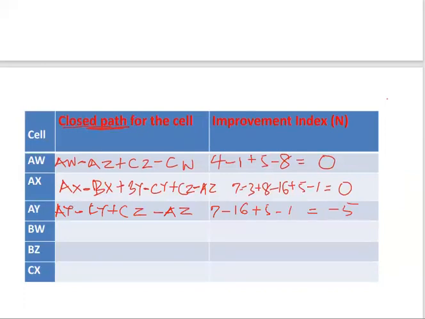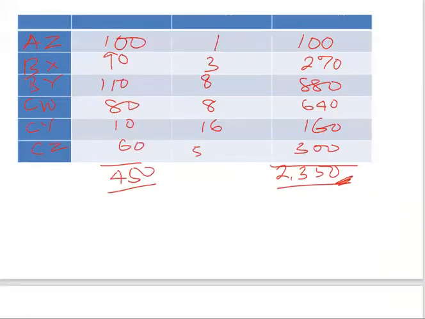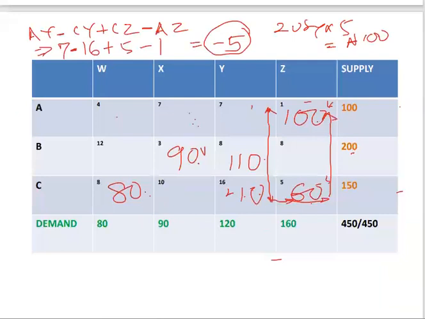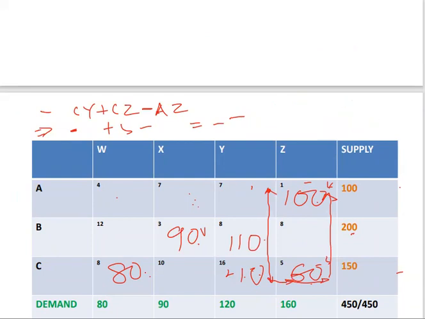Right? So let's look at the other unused cells and their effects, whether they are going to increase our cost or reduce our cost. We have seen that out of the 3 unused cells, the first 3, only part AY will reduce our cost, while other parts will not have effect on our cost.